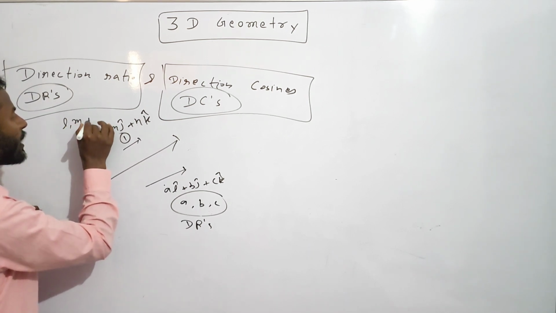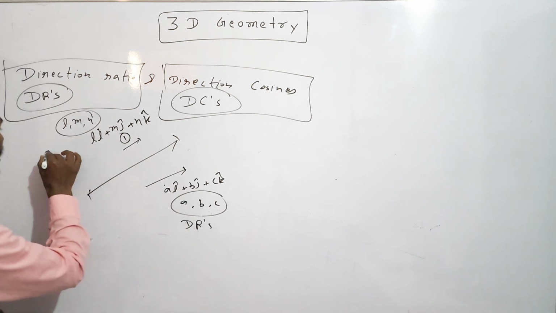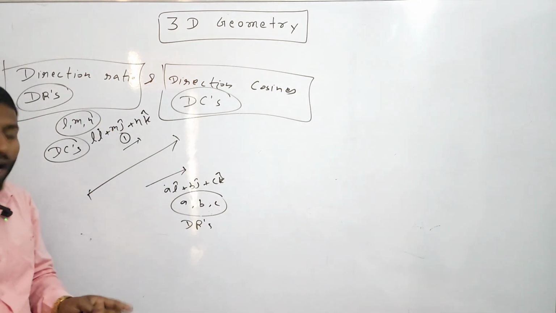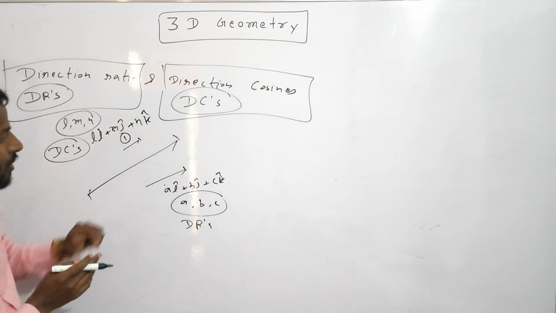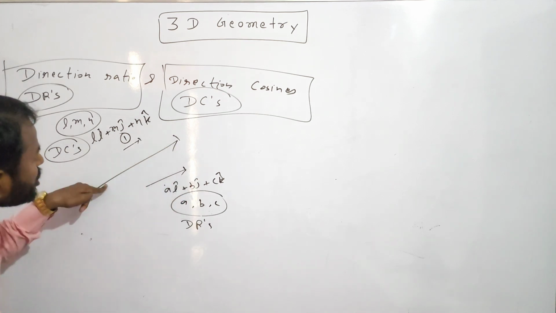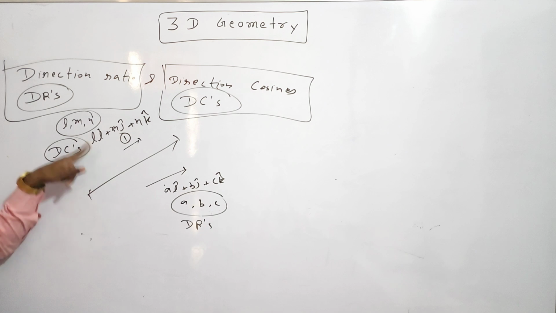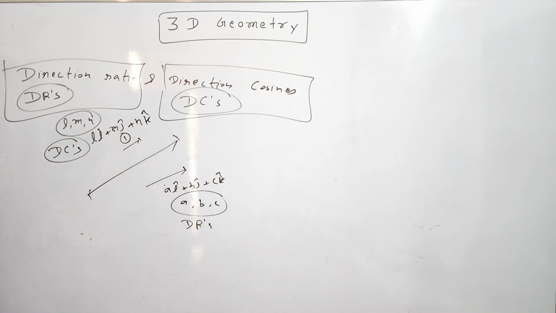Here l, m, and n are direction cosines. Direction ratios, direction cosines, both are the same thing because both vectors are parallel to this line. If the magnitude is 1, then the coefficients of i, j, k are called direction cosines. If the magnitude is not equal to 1, then they are called direction ratios.